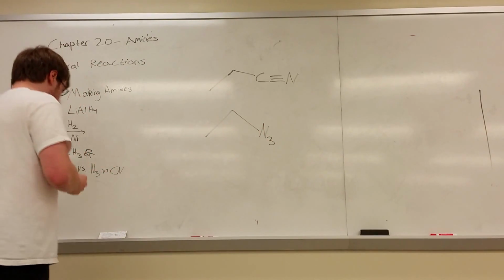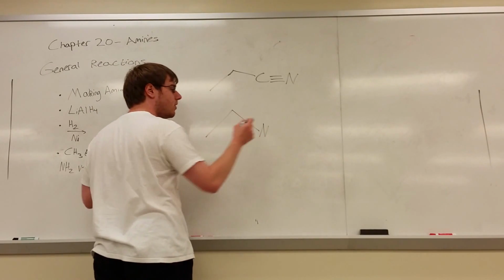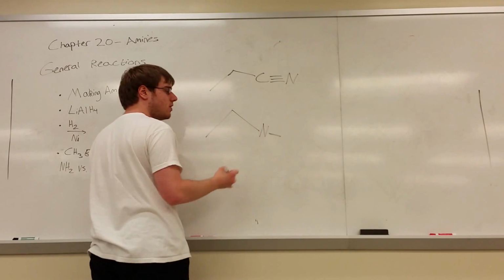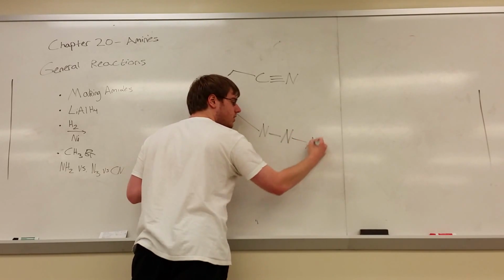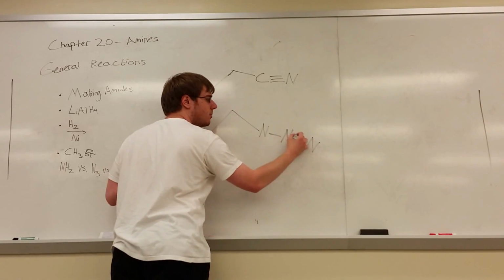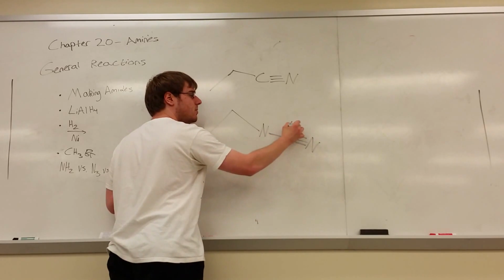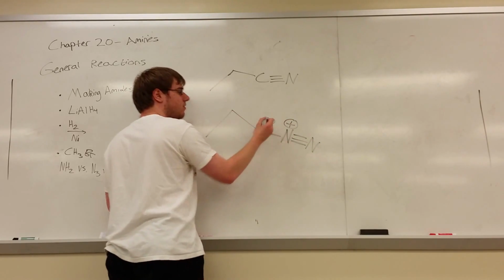Okay? So I'm going to draw out what N3 looks like because you're going to see it a couple times in this chapter. It's a nitrogen single bonded to another nitrogen and another nitrogen after that, so three nitrogens. The two on the end have a triple bond between them. The nitrogen in the middle is positive, and the nitrogen on the carbon you're attached to is negative.